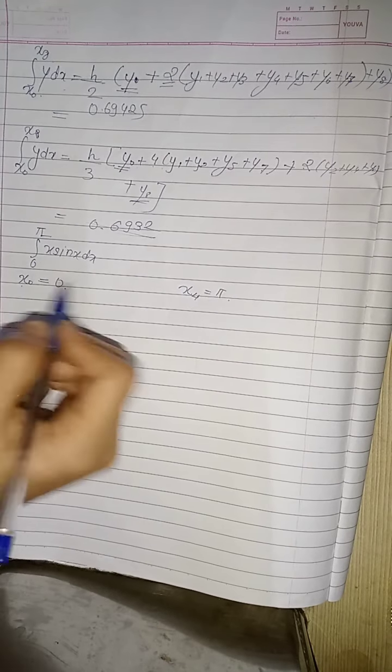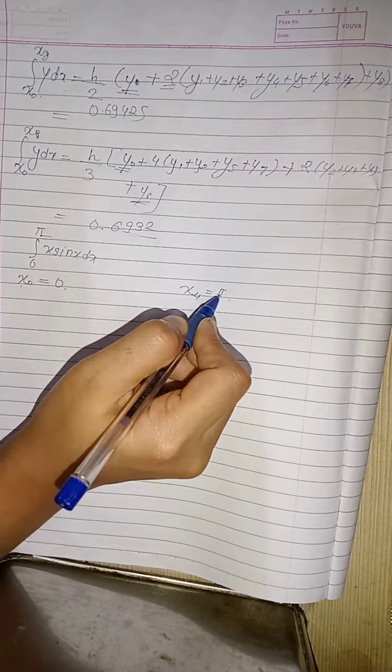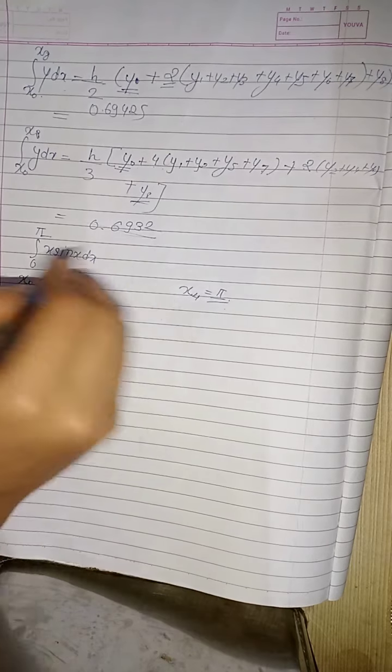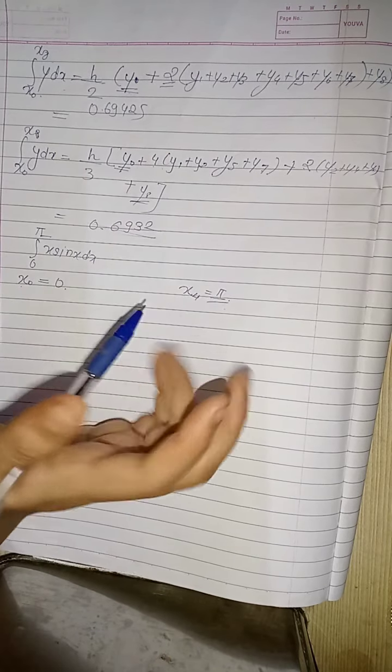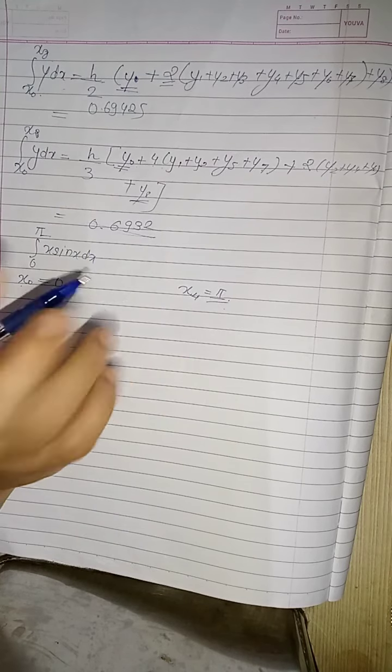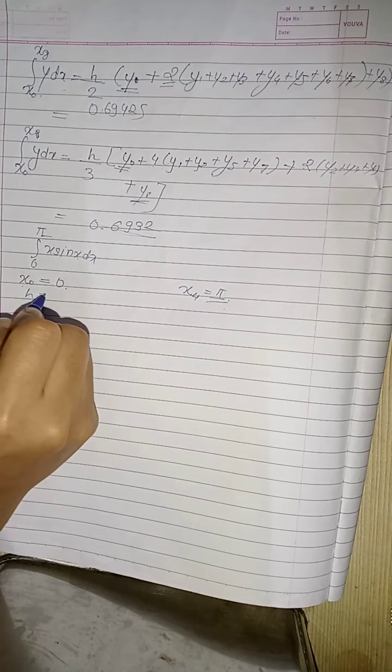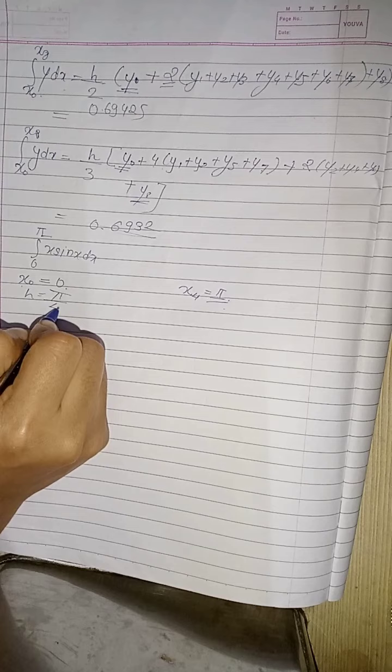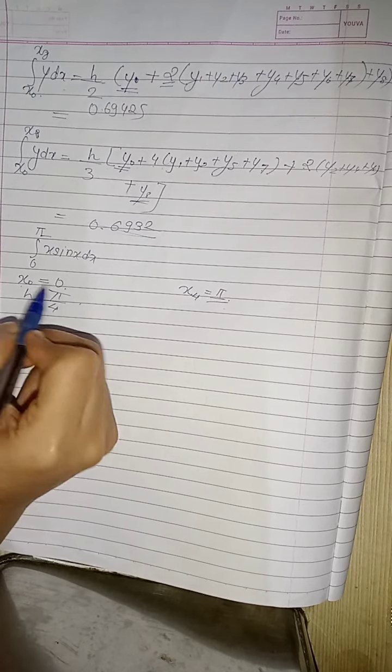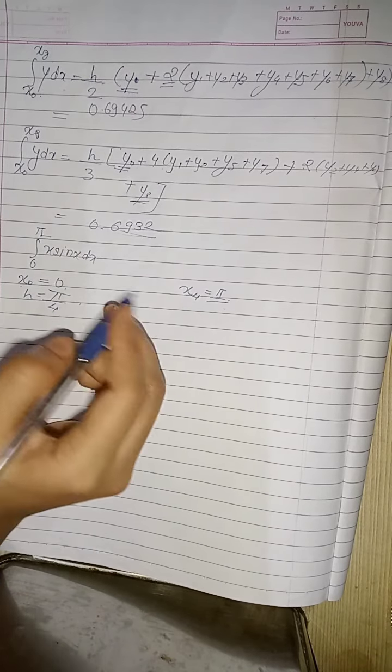So x0 is the first one, x4 will be the fifth point, and that will be equal to pi. For this we need to calculate h. If you consider h equals pi by 4, then you'll get 5 points, 5 coordinates.